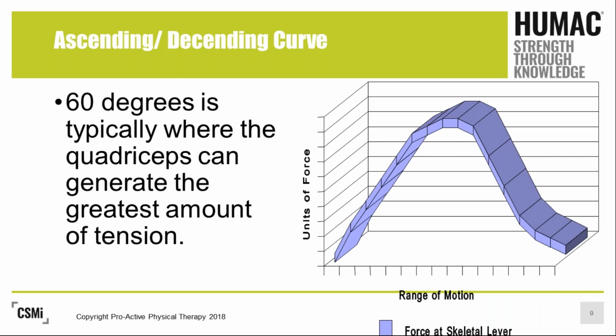So does it actually make sense for us that maybe we want to start at 60 degrees if we can, if they have the range of motion and they don't have any issues at that position, versus terminal extension where we know they're typically the weakest?